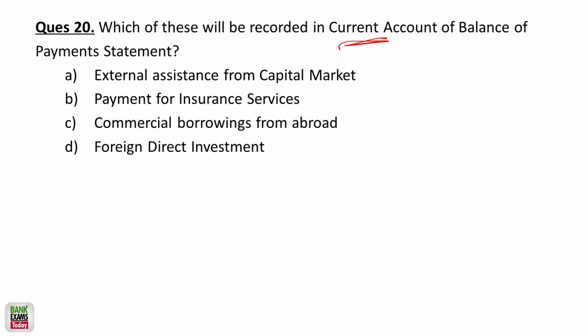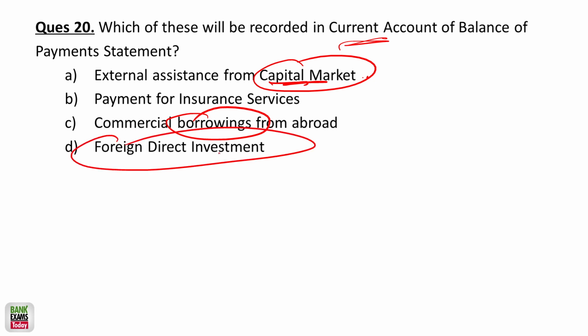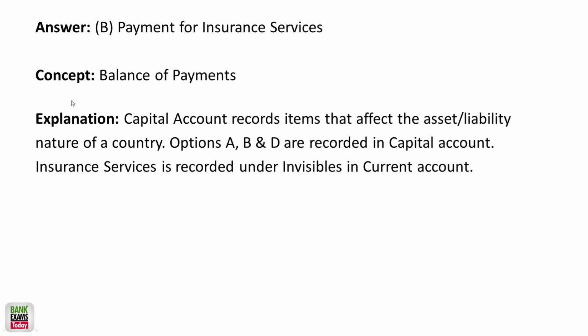The current account is whatever you do in your day-to-day life. External assistance from capital market is about capital market. Borrowings are about capital market, about assets and liabilities. FDI, again, is investment, about assets and liabilities. Payment of insurance is an expense. So payment of insurance would be recorded in the current account.